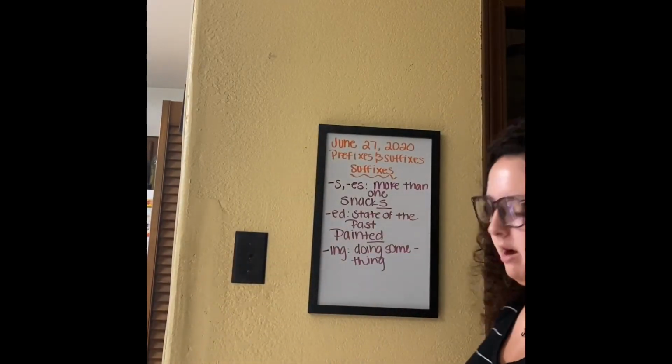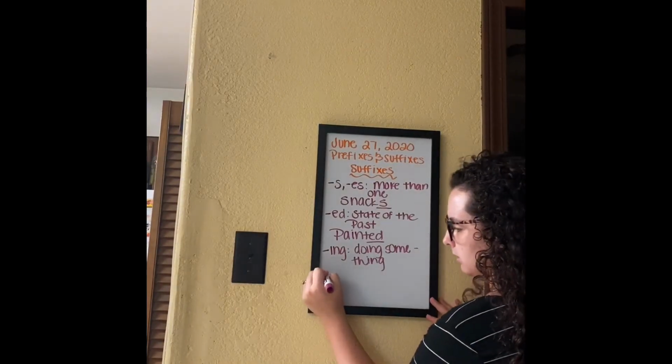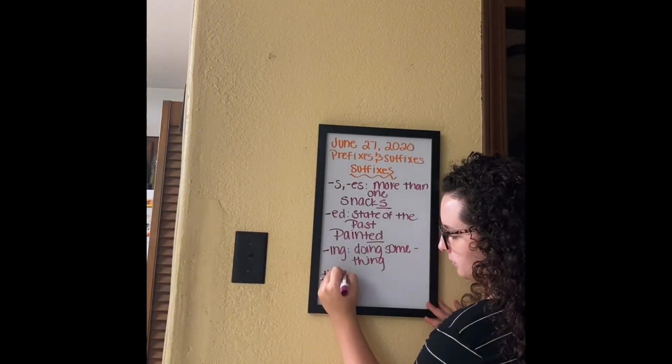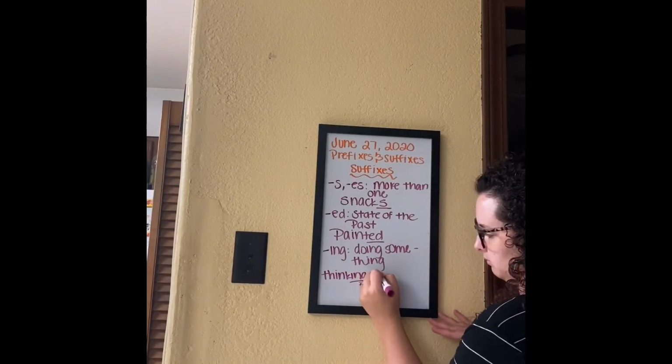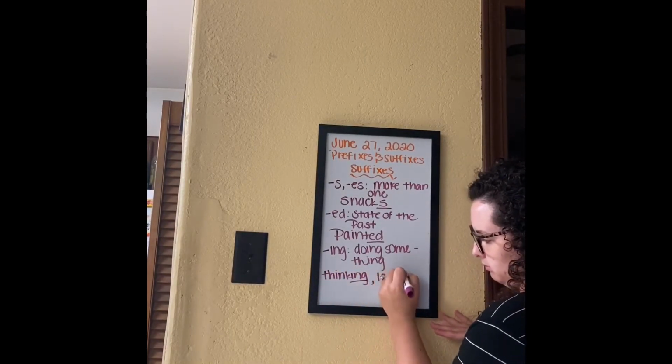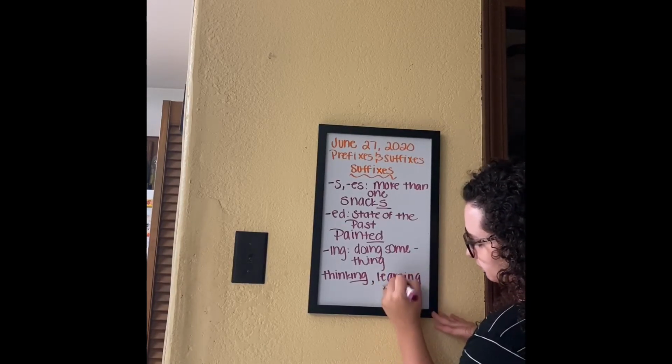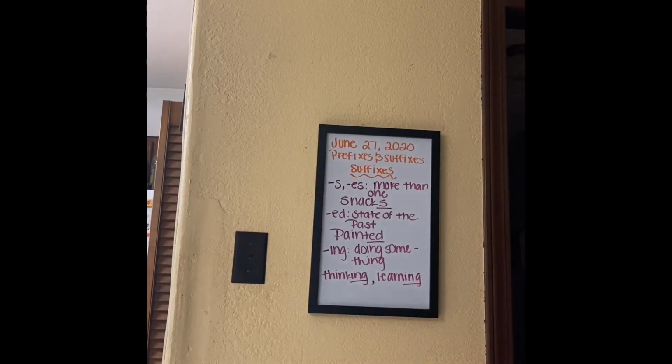Y'all are thinking, y'all are learning. You're taking in so much new information. So we're going to write 2 for this one just because it's that good. So we're going to write you're thinking. And you're learning. Make sure you underline the ing in both of those words, okay?